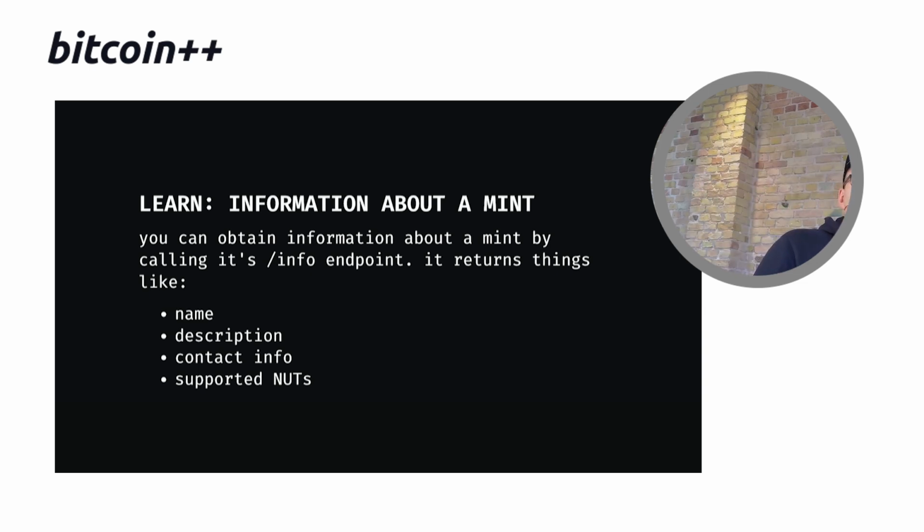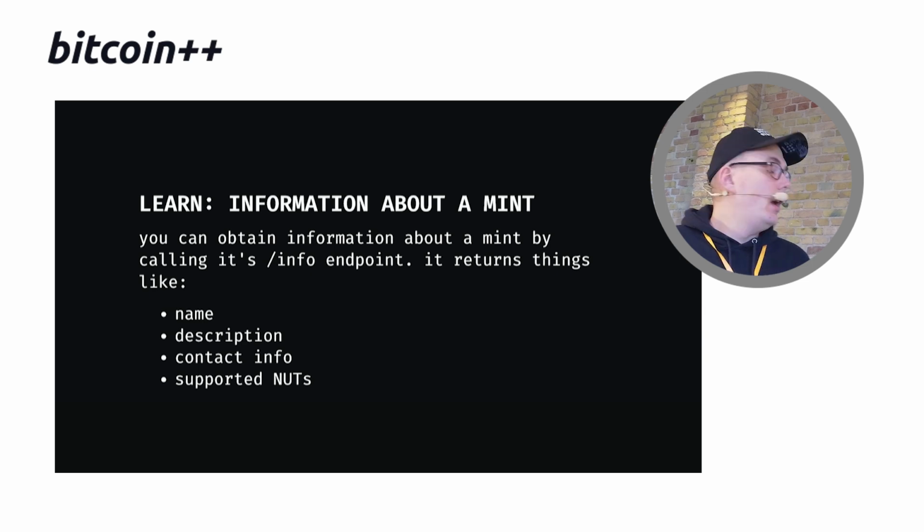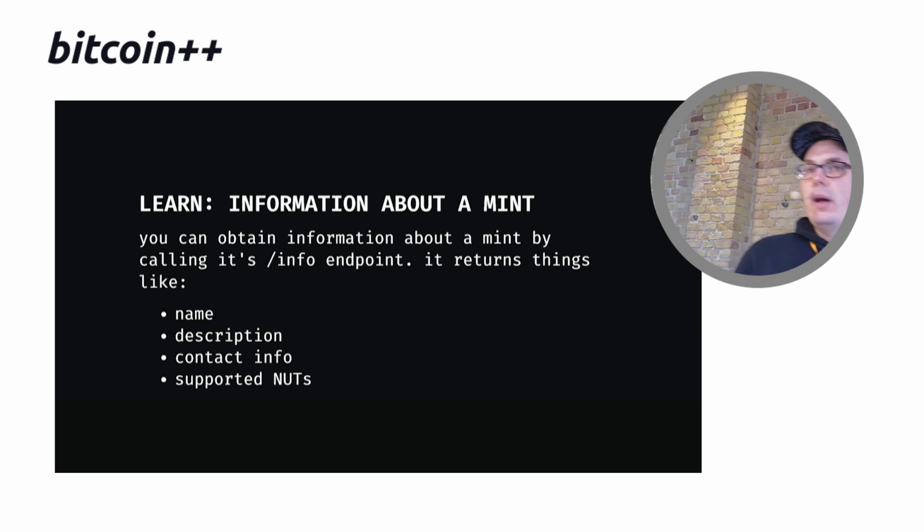This might be very useful for building user interfaces because you can give some human readable information about the mint to your users. At the same time, it is also required for your programmatic stuff to work because the info endpoint will return a JSON struct that has information like name, description, but also which nuts, so the specifications basically, are supported by that mint.